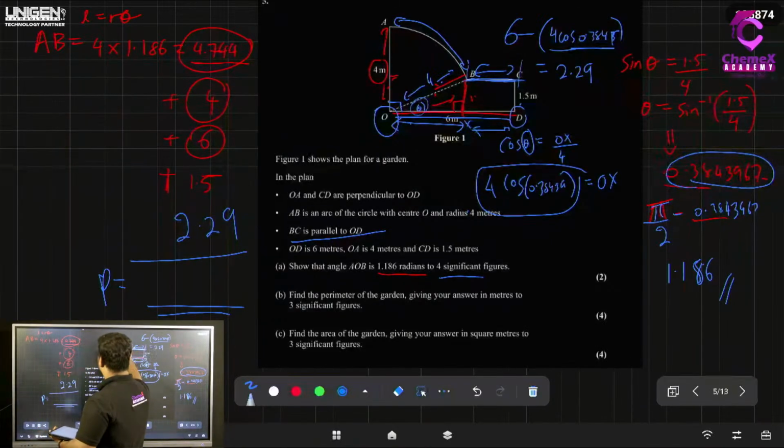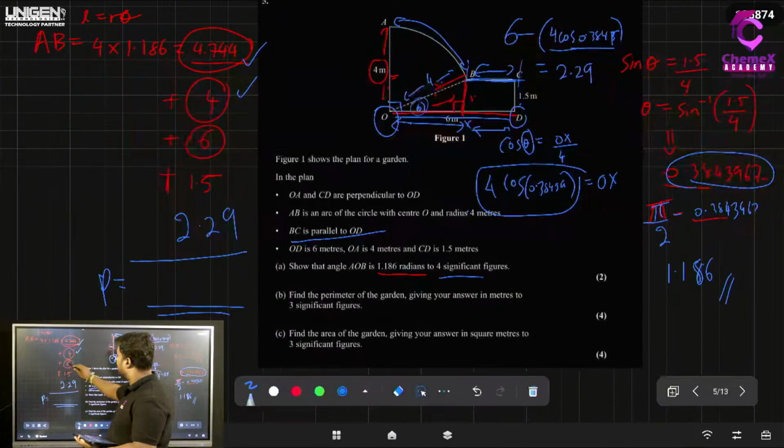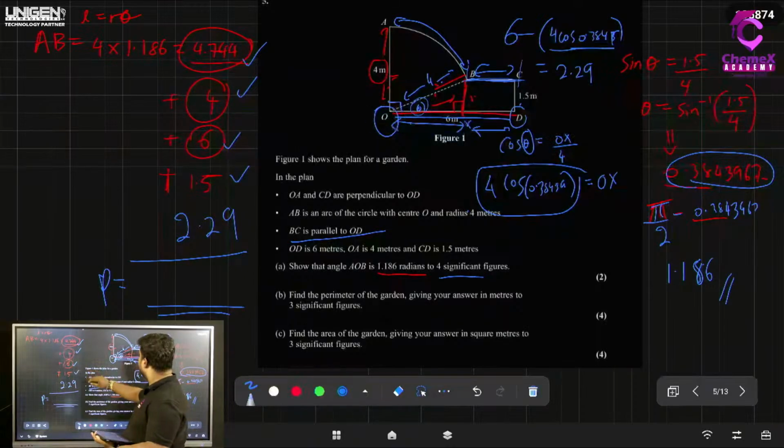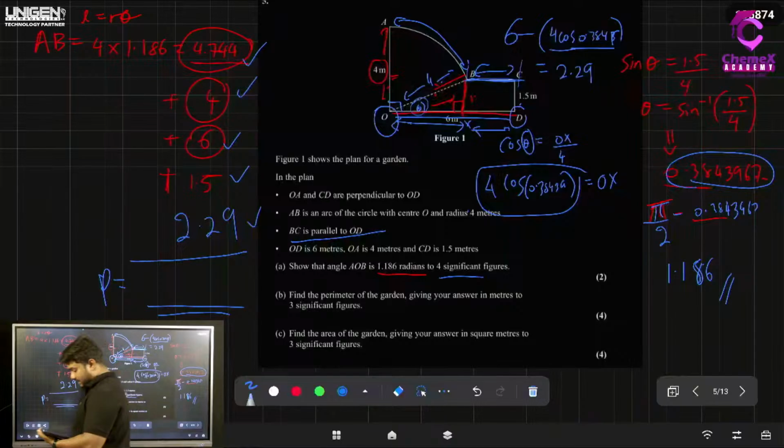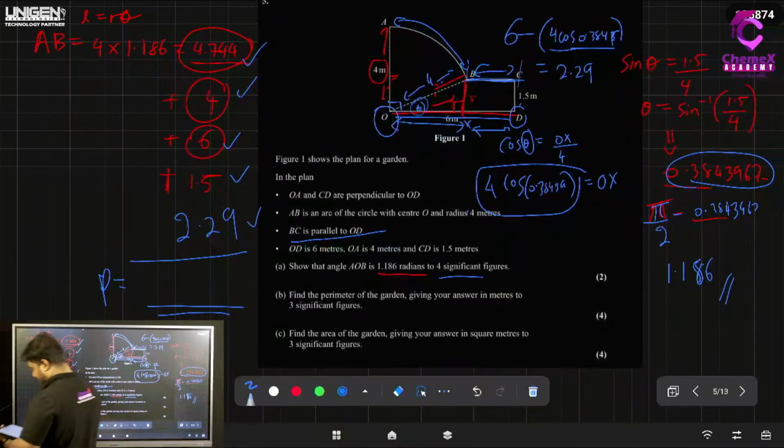4.744. AB is fine. This is plus 4. That's also fine. Plus 6. Plus 1.5 plus 2.29.